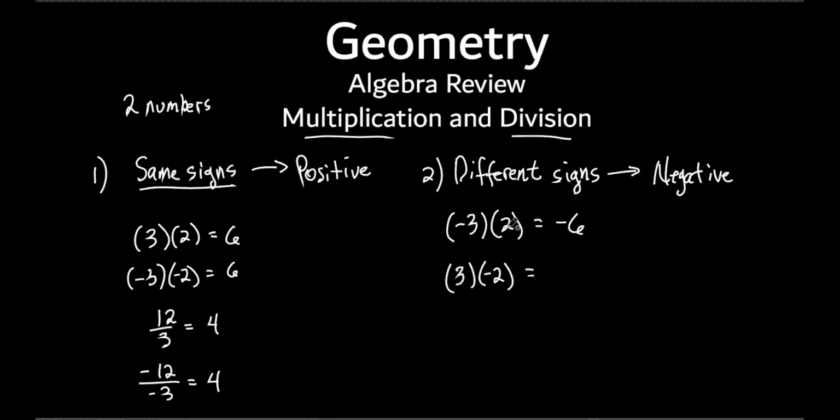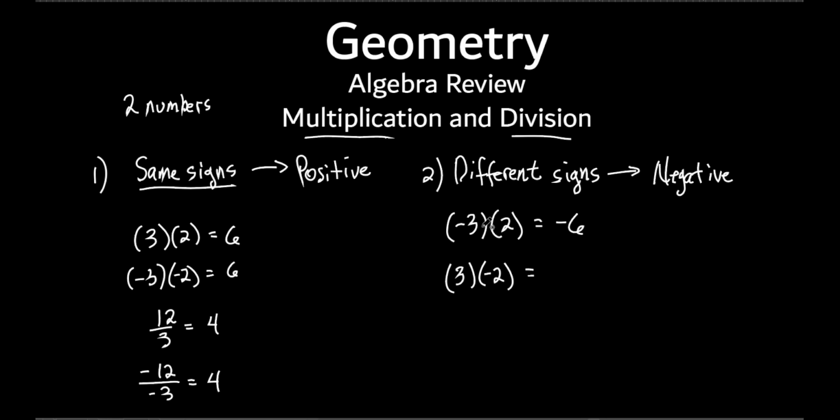Remember right here, I said just because the 3 is the bigger number is not why this is negative. It's negative because one is positive, one is negative. They're different signs. Okay, the one where you did the biggest number, that was for addition and subtraction. Remember that? So don't get them confused.